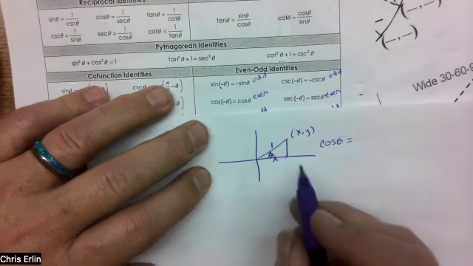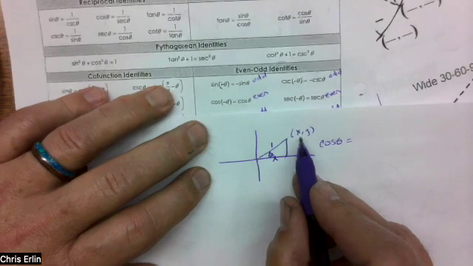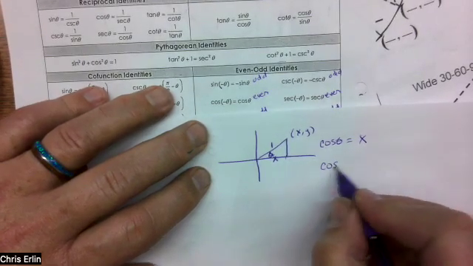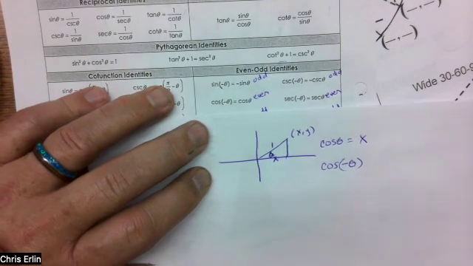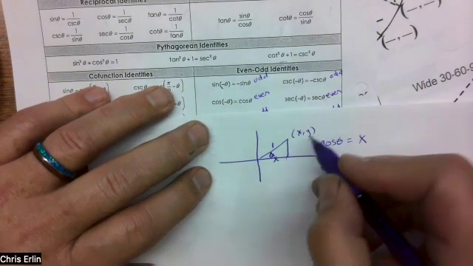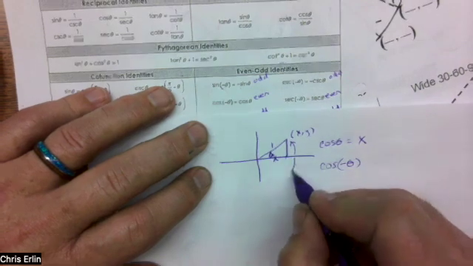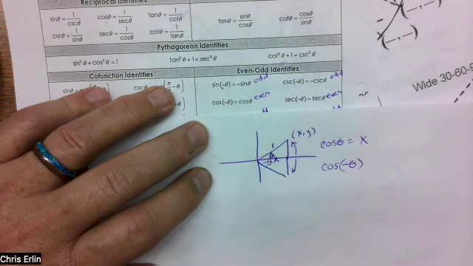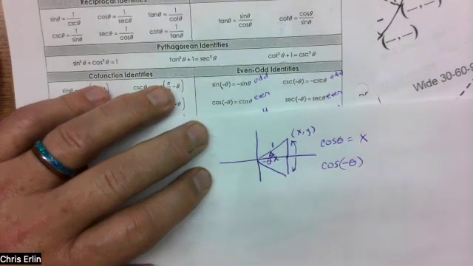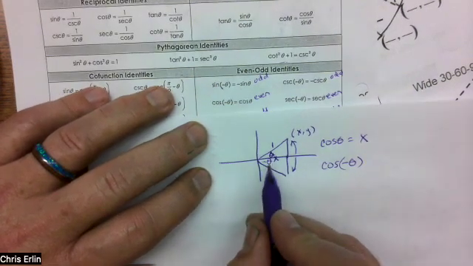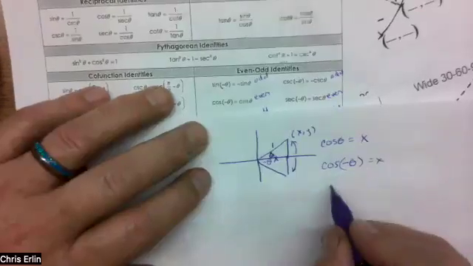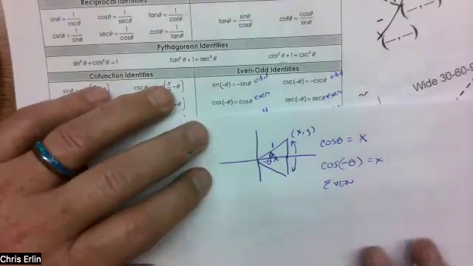It's x. So what's the cosine of this angle then? X. Now, what if I took the cosine of negative theta? In other words, instead of going up this way theta degrees, I went down this way. It's still x, isn't it? Look at this picture. If I go down, my x value stays the same. It's still in the positive direction. That's why cosine is even.